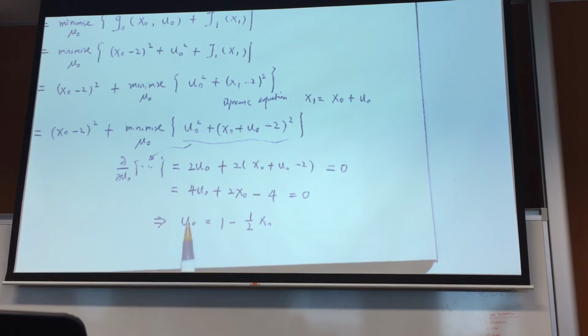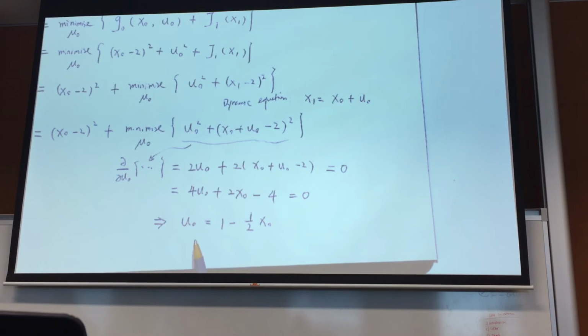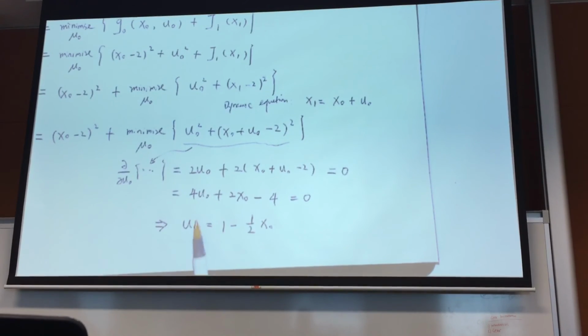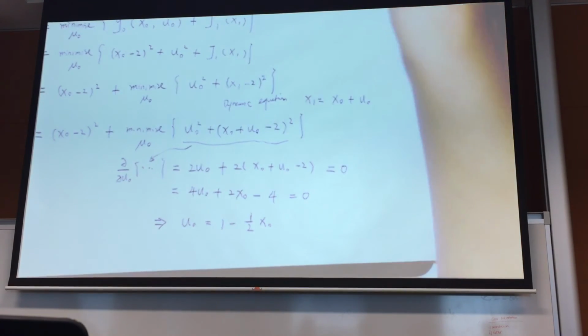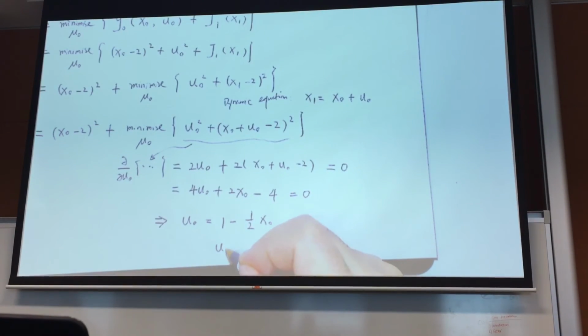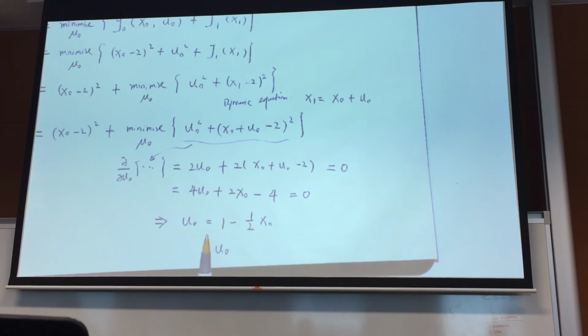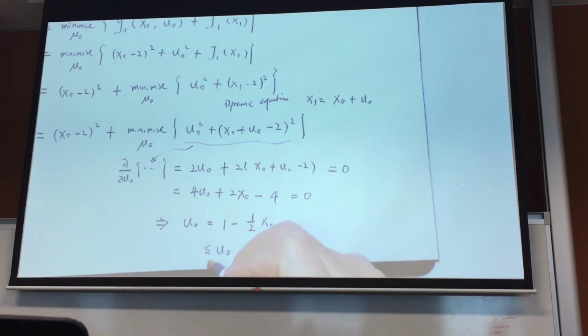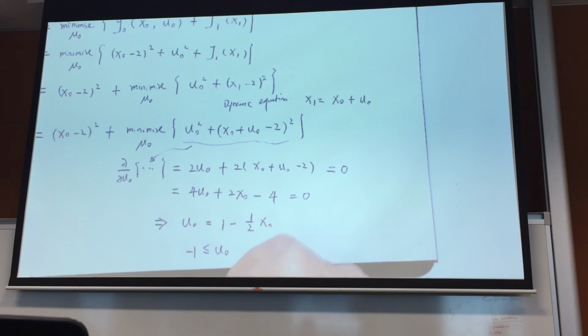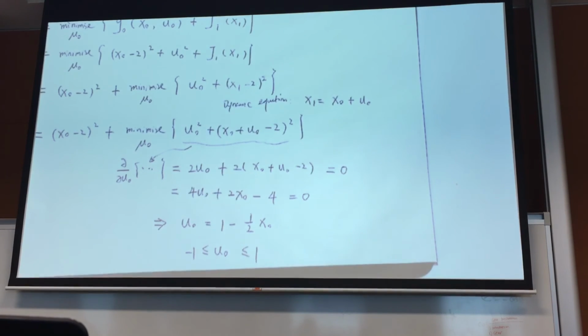But here we have a constraint. The condition for u0 to be the solution is that it must satisfy the actuator constraint, so u0 must be between minus 1 and 1.